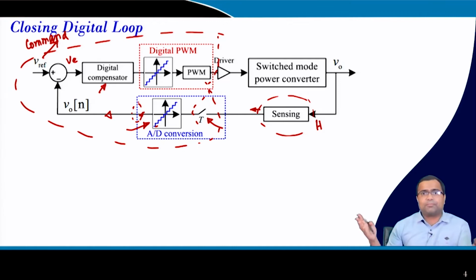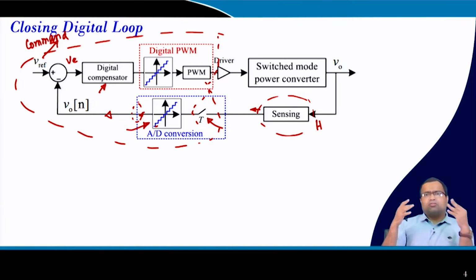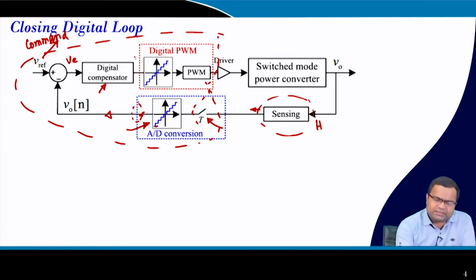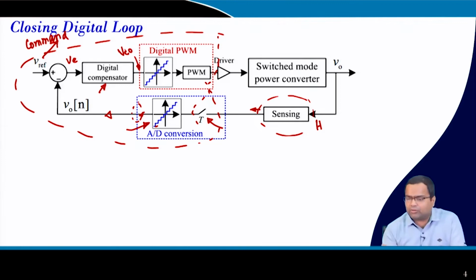There are a variety of compensators that we can consider. You can talk about type 2, different types of compensator like lag-lead compensator and so on. But the compensator voltage, we call it control voltage, and in analog control it is typically compared to the sawtooth waveform.